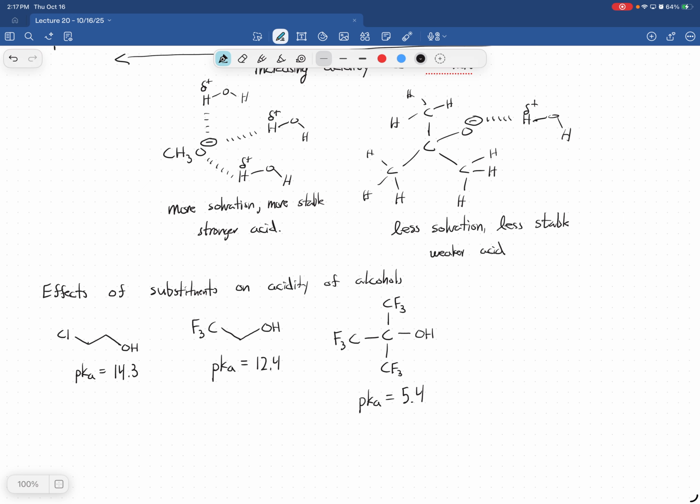So it's almost as acidic as acetic acid, which is 4.76. A remarkable electronic feat there. We can compare this with the one we just drew above. So compare it to this alcohol right here. This pKa is 18.